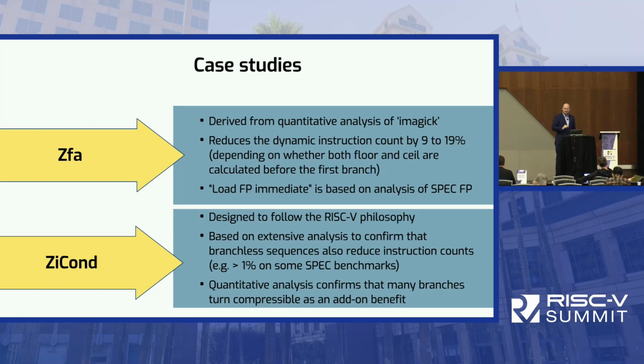And there's a very interesting side effect on that one, and that is if you take the quantitative analysis one step further and don't just look at how often does it occur, how much savings does it provide, the interesting thing is you actually switch branches that are non-compressible originally into compressible branches. So about half of the branches on many benchmarks suddenly become 16-bit instructions, and that's a drive-by optimization.